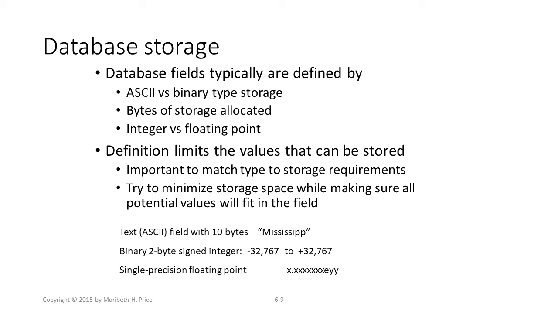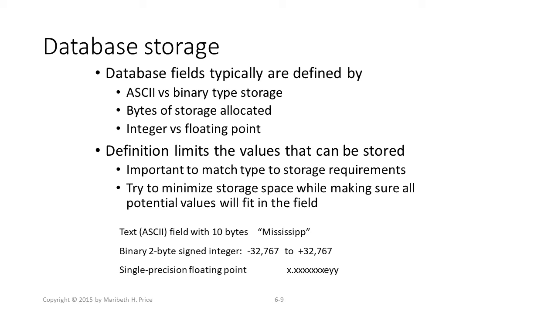When we look at how we store this stuff in databases, they're typically defined as either ASCII or binary. We talk about the bytes of storage that's allowed and whether it's going to be an integer or floating point. The definition limits the values that can be stored. You want to make sure the type and the requirements are all lined up and try to minimize storage space while making sure all the potential values fit in the field.